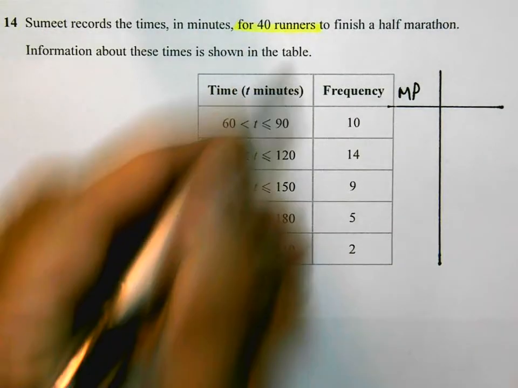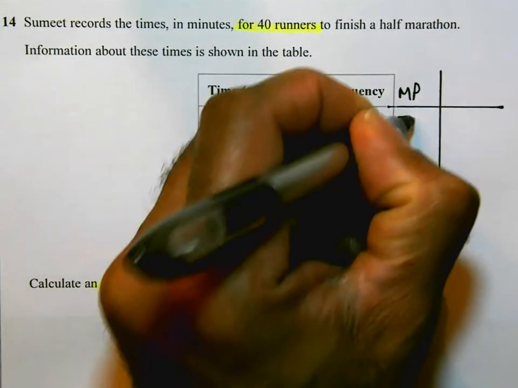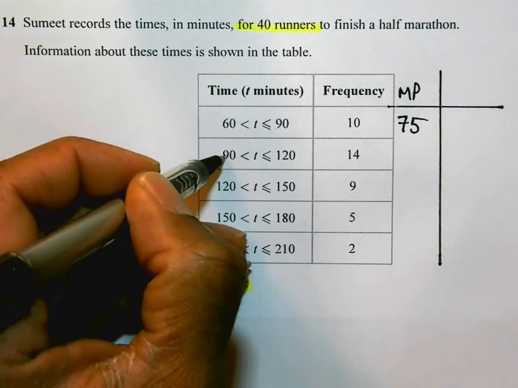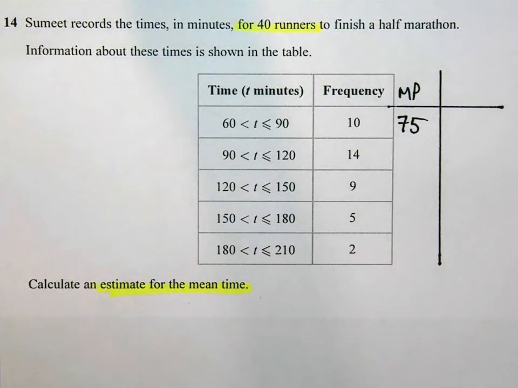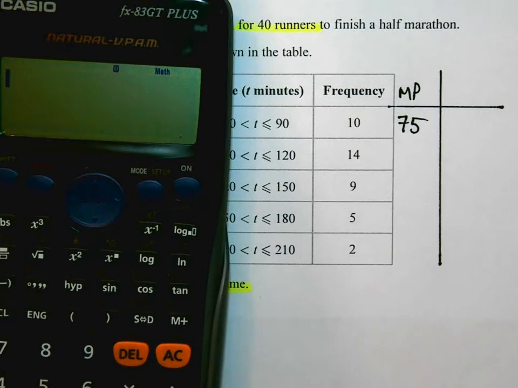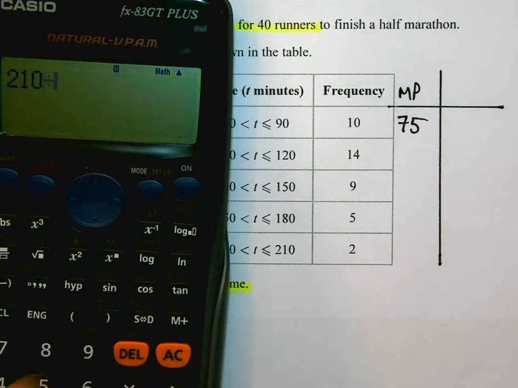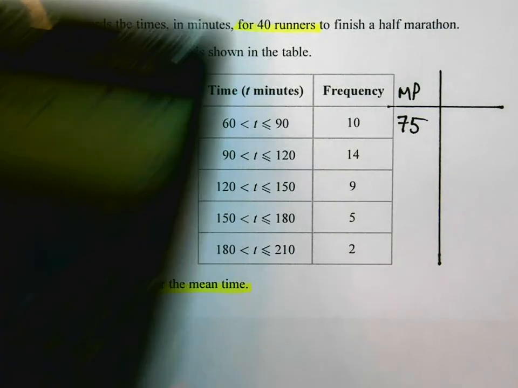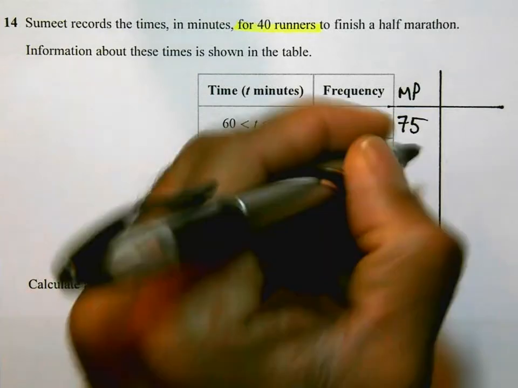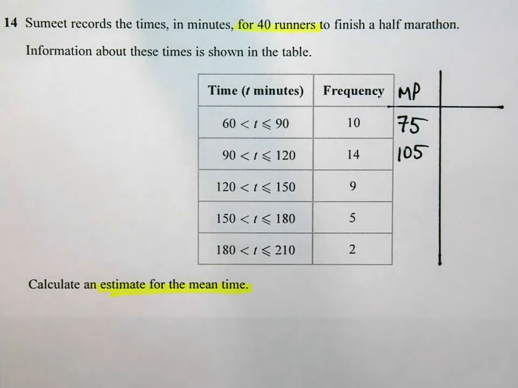For the next group, 90 to 120, I'm going to do the same thing. 90 plus 120 equals 210, and then 210 divided by 2 equals 105. Going on to the next one, doing a similar thing tells me it's 135.